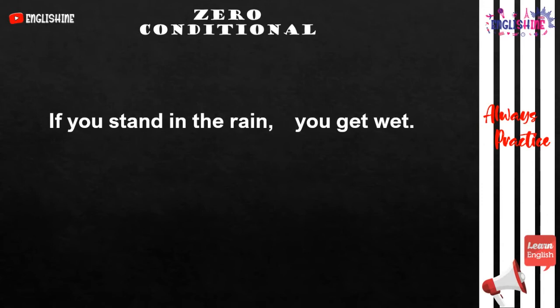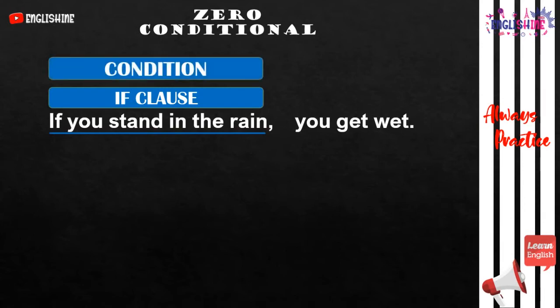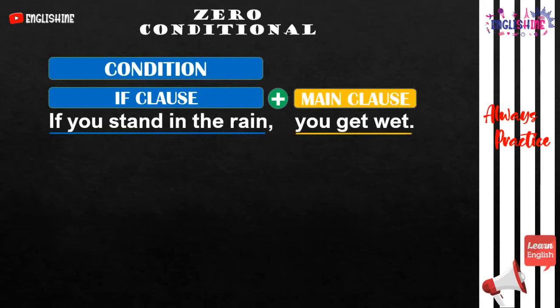The sentence "if you stand in the rain" is the if clause, the condition. And the sentence "you get wet" is the main clause, the result. The if clause, as the condition, is the first sentence, and the second is the main clause as the result.